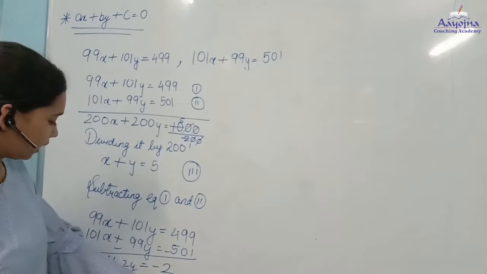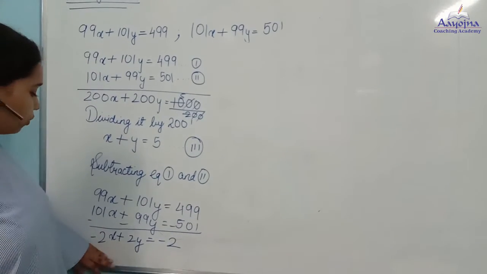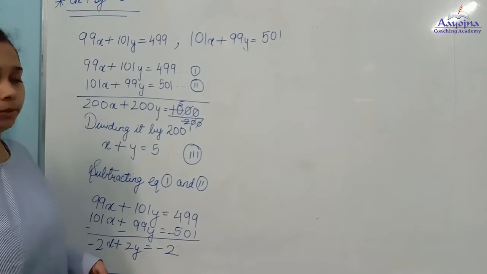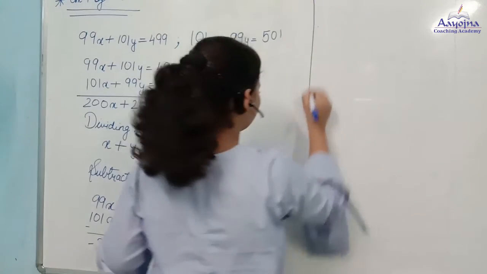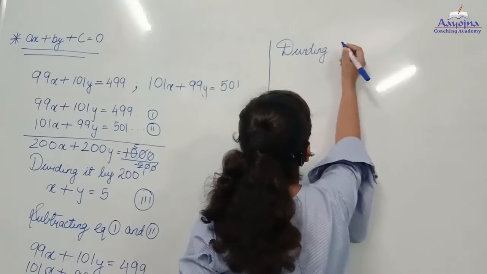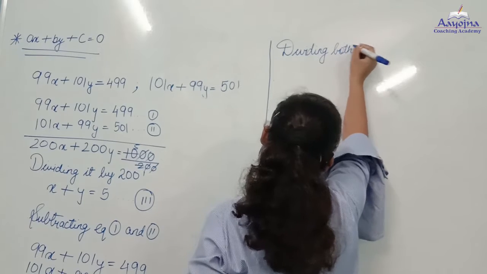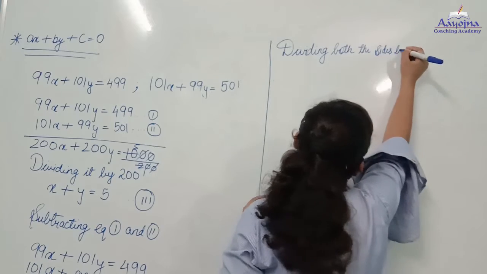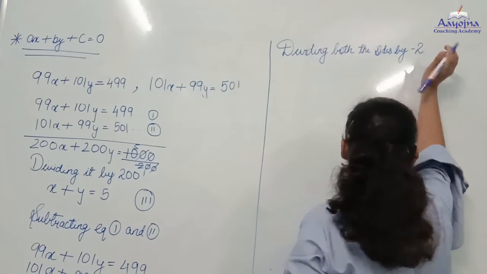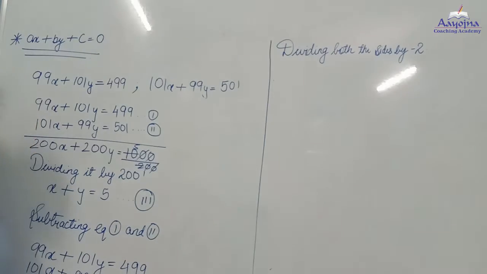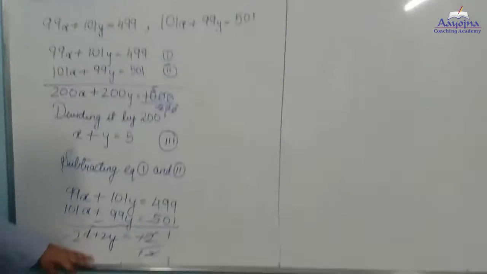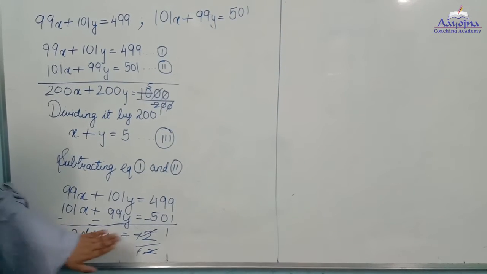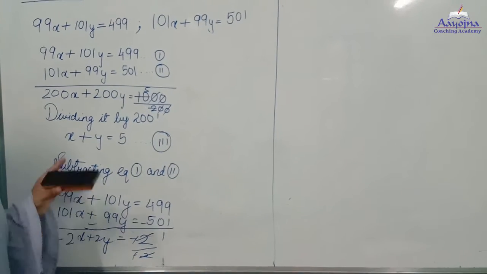Now you might have noticed that there is a 2 common, so now we will exclude the 2 by dividing. So dividing by minus 2 we will be doing it. Now we will divide this equation by minus 2 so that we get the 2 excluded and we get the answer in variables.